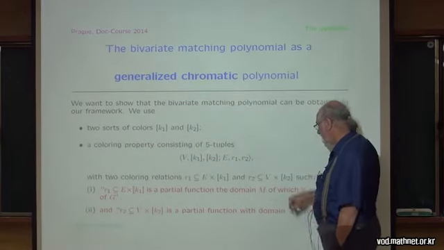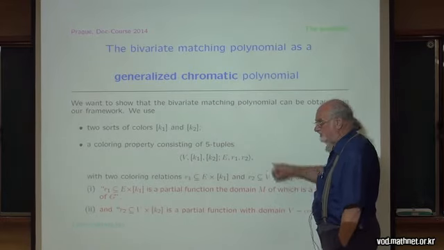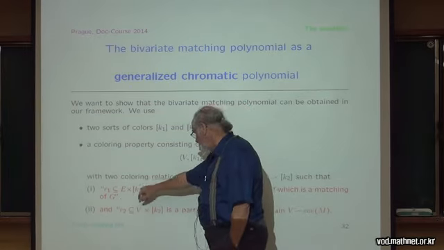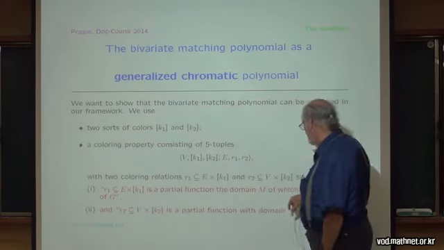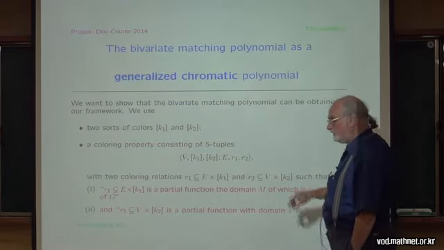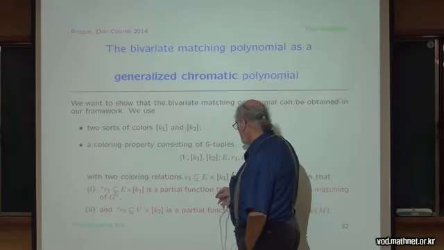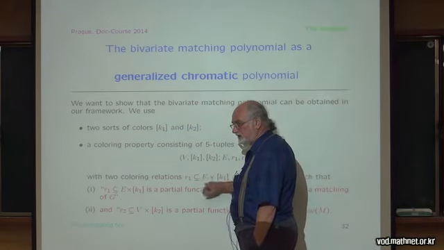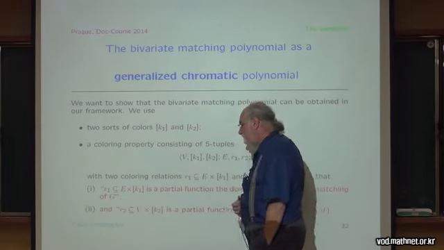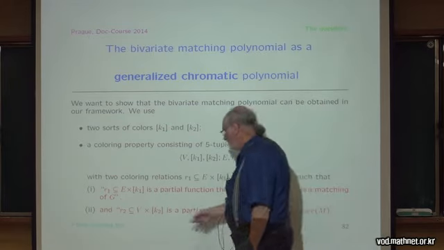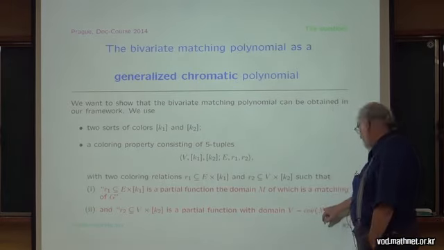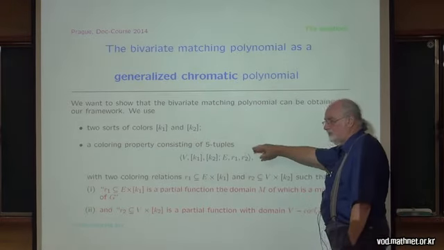And R2 is a subset of vertices times the second type of colors. R1 is a partial function, the domain of which is a matching of G. So the domain of R1 is a subset of E, and it satisfies the property of being a matching. And R2 is a partial function with domain V minus the vertices which are covered by the matching.